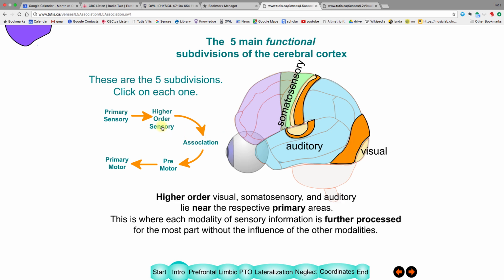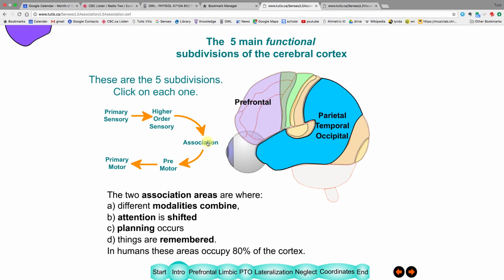From there, signals move to higher order areas, and these higher order areas are beside the primary. So we saw that from V1 we went to V2, V3. Similarly, over here, from the primary sensory, you go to secondary sensory areas, and around the auditory you've got higher order auditory areas.